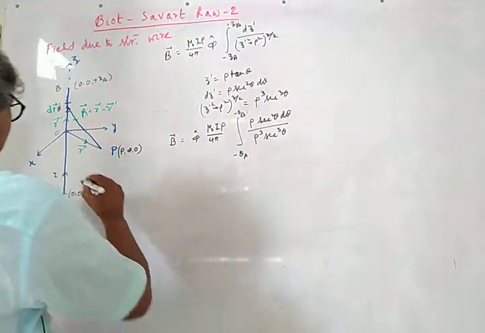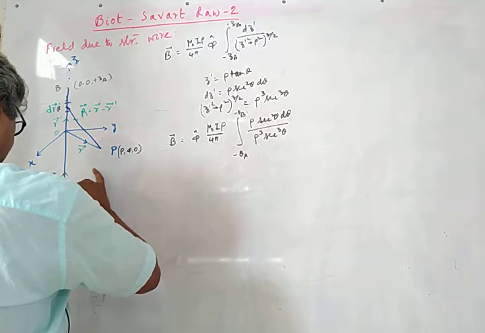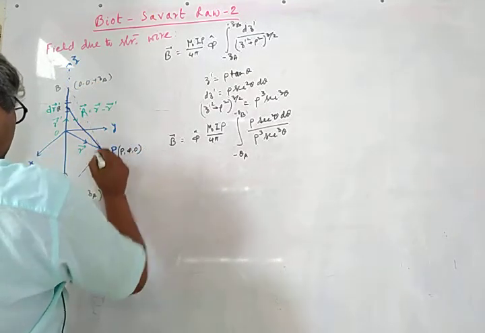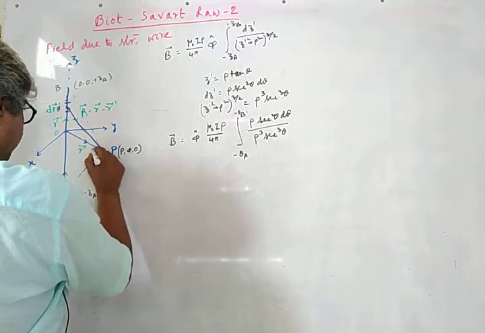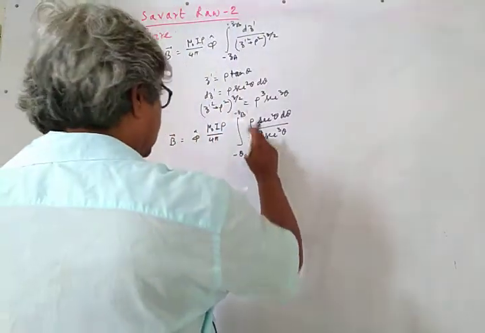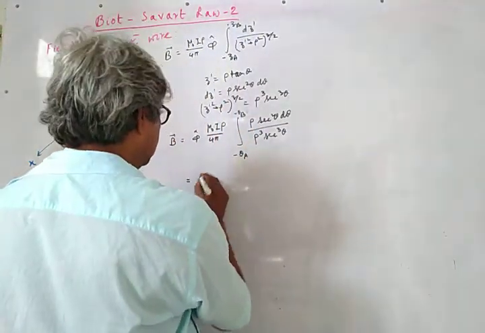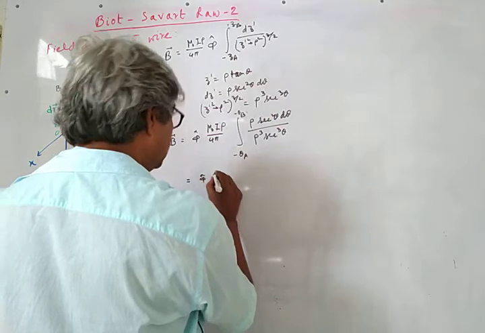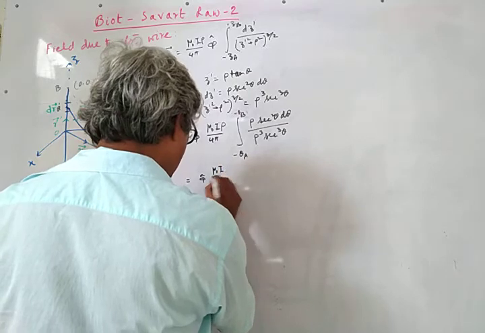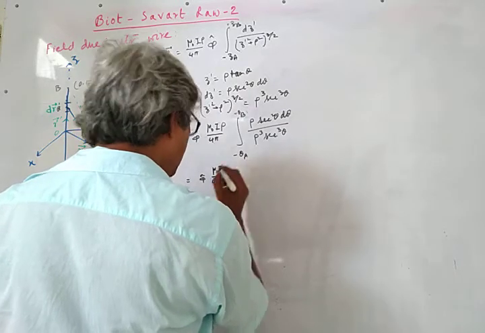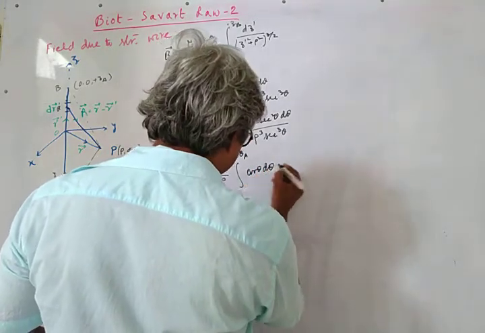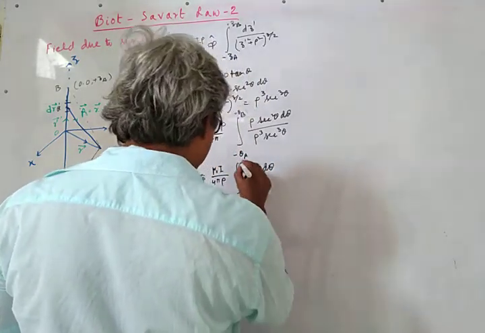Where this angle is, these are the angles theta a and theta b. And the integration is cos theta d theta from minus theta a to theta b.